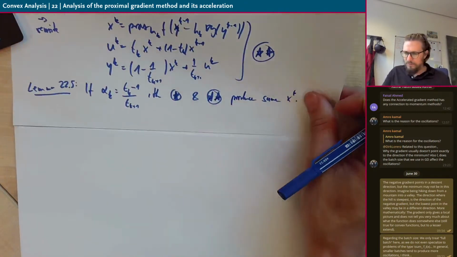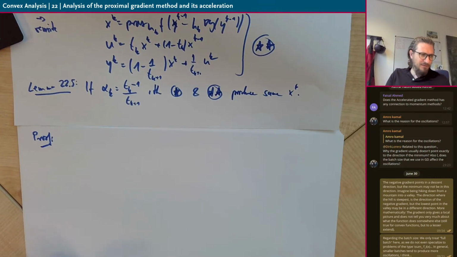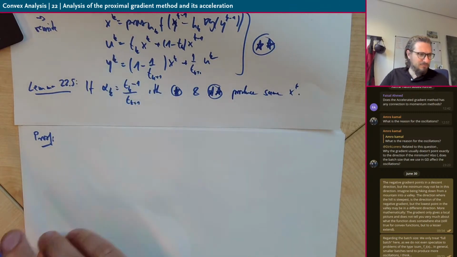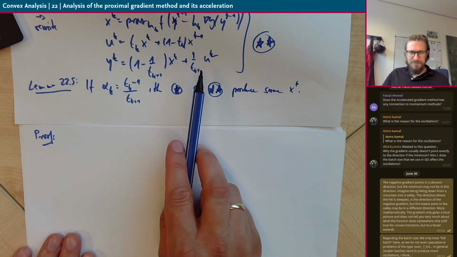Yeah. So this is basically just plugging in, but sometimes I myself get confused when I do so. We just plug the u in here and then see what's happening to the y.